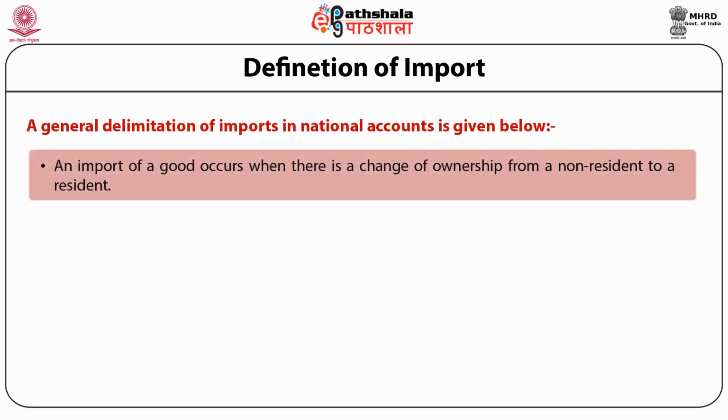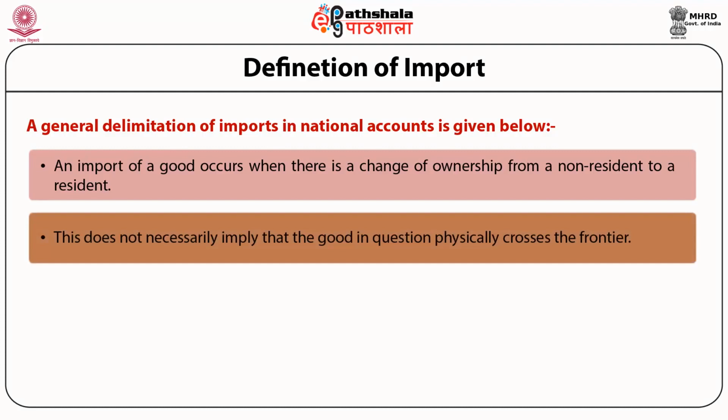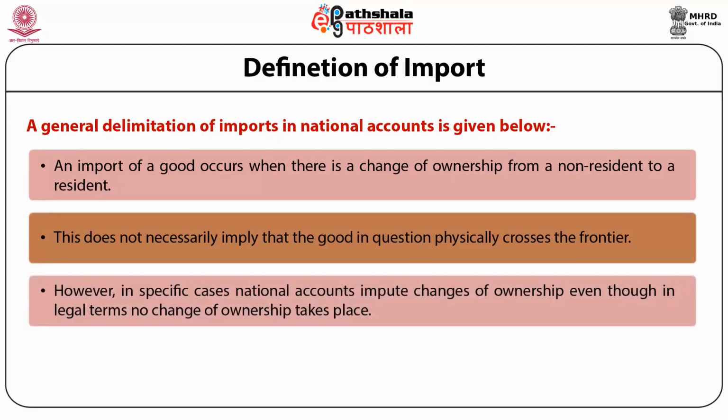An import of goods occurs when there is a change of ownership from a non-resident to a resident. This does not necessarily imply that the good in question physically crosses the frontier. However, in specific cases, national accounts impute changes of ownership even though in legal terms no change of ownership takes place.